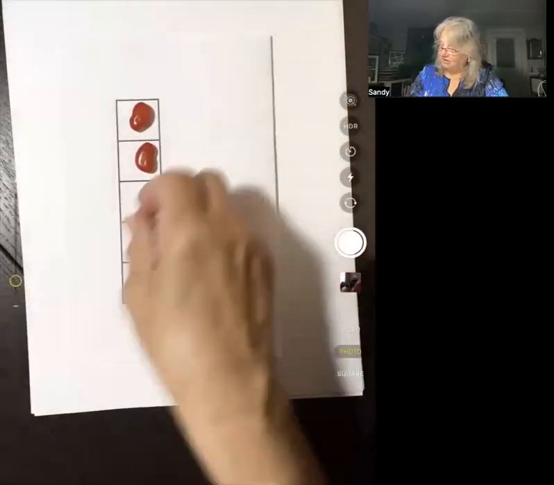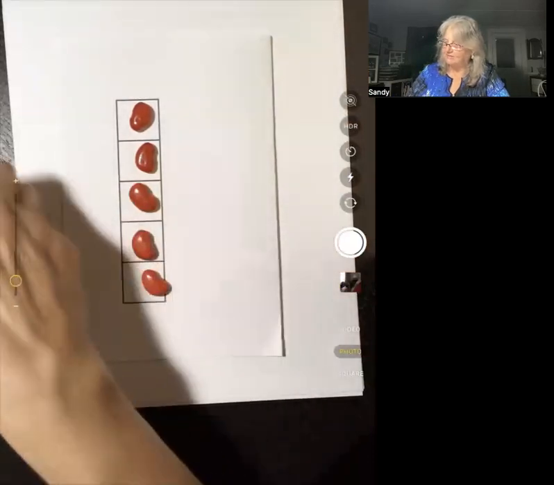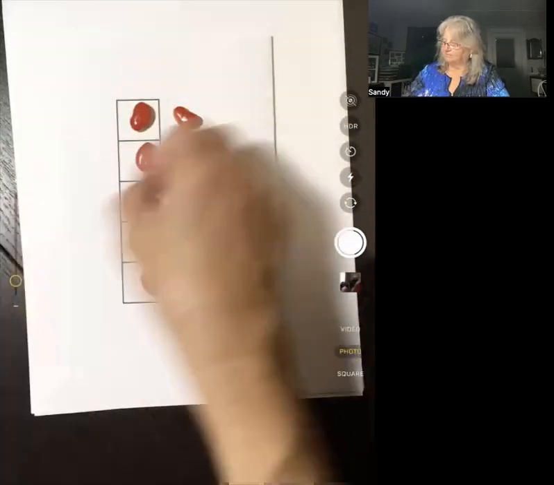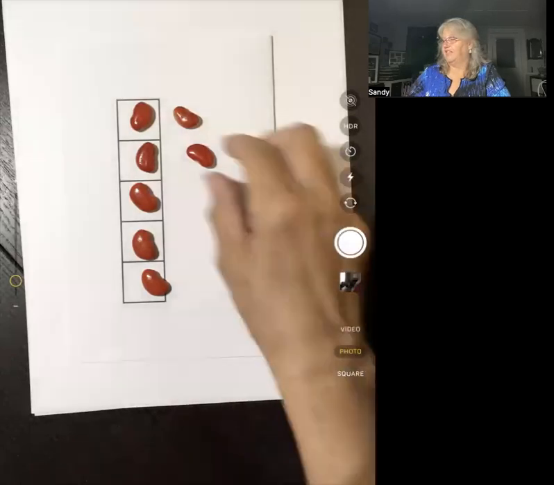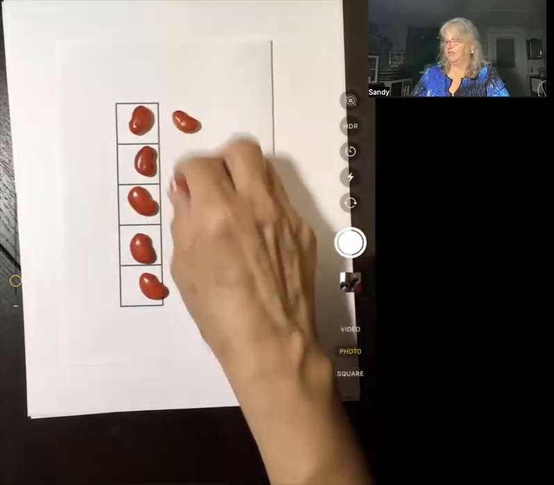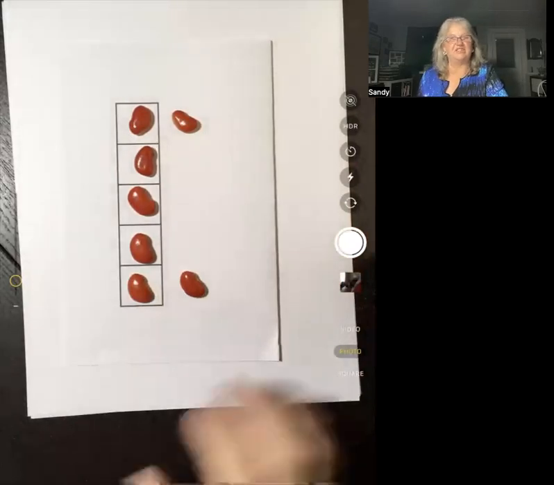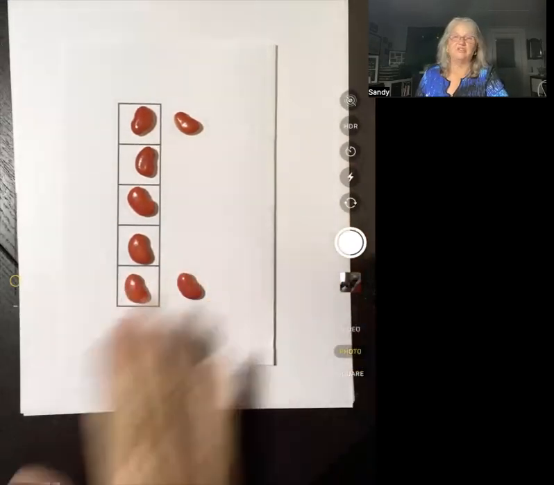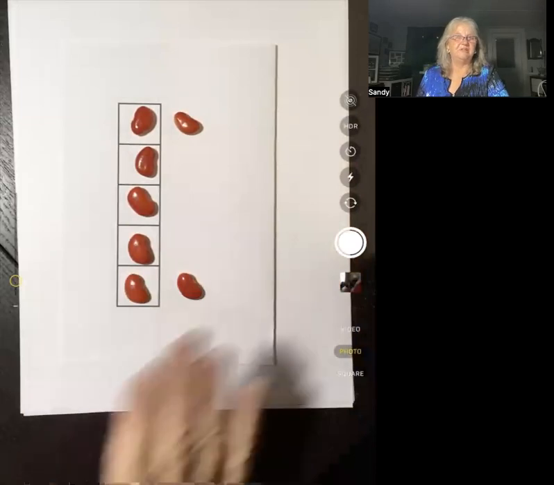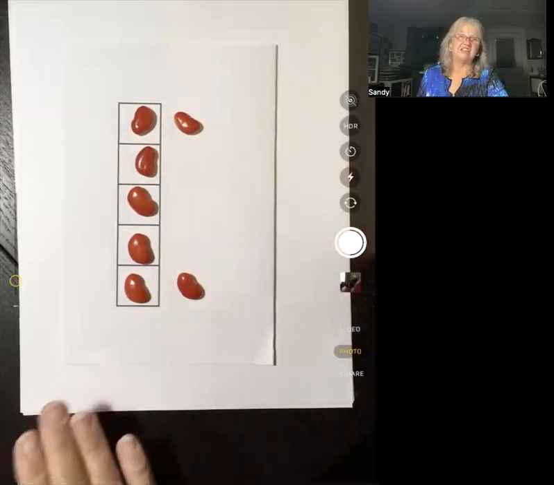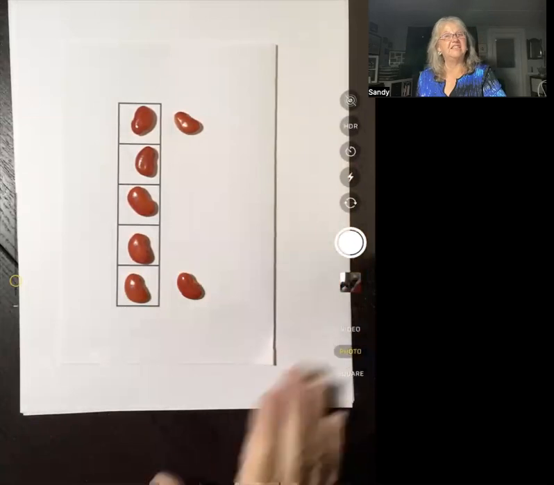And then if you notice when we did 7, I put 7 this way. I could have put it this way or this way, but I get that 5 and 2. It's a nice organizing structure. It builds 5 and 2 as 7. It also shows me 7 in relation to 5 instead of 7 in relation to 10, like a 10 frame does.